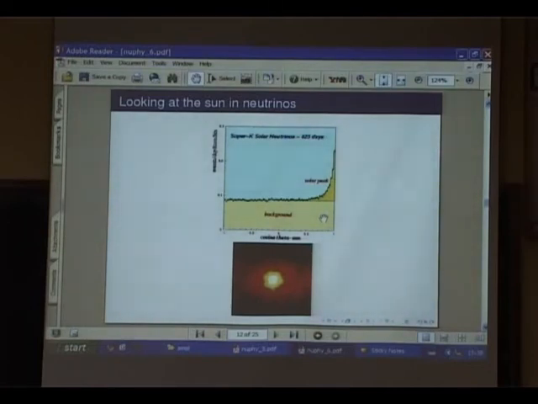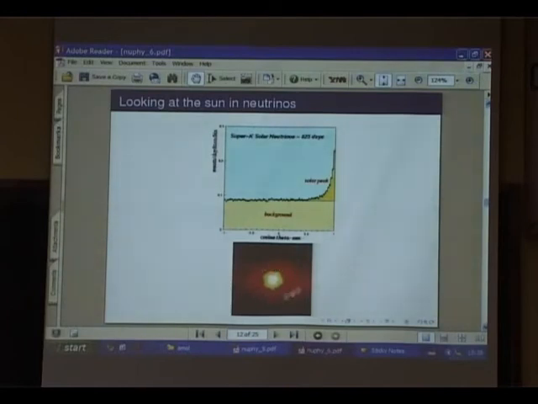So therefore, if you want to look at the sun and plot neutrinos, you will see something like this. And the center spot, this bright white spot, is about 10 to 20 degrees. Okay, so in some sense, one can say you look at the sun in neutrinos. However, when you look at it in light, the sun is about 1 degree.